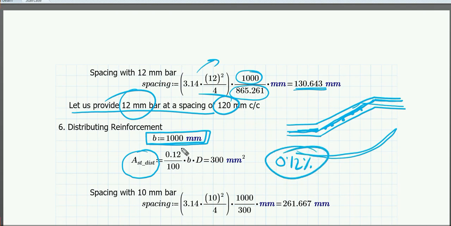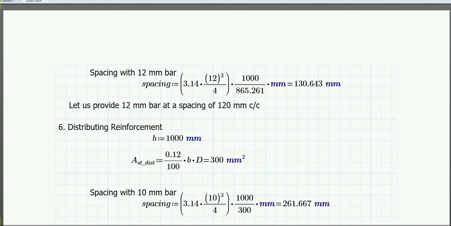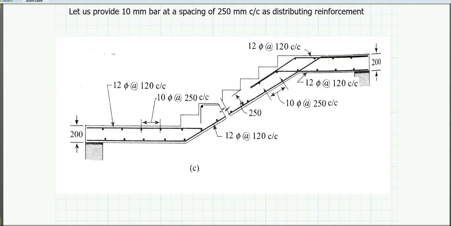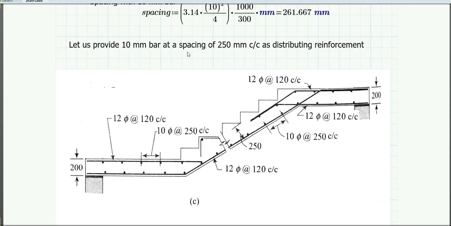It is 0.12% of BD, which is 300 mm square. If I find out the spacing, it comes out to be 261, considering 10 mm bar. In that case, we can provide distribution reinforcement of 10 mm bar at a spacing of 250 mm center to center. Now let us look at how the detailing is done.